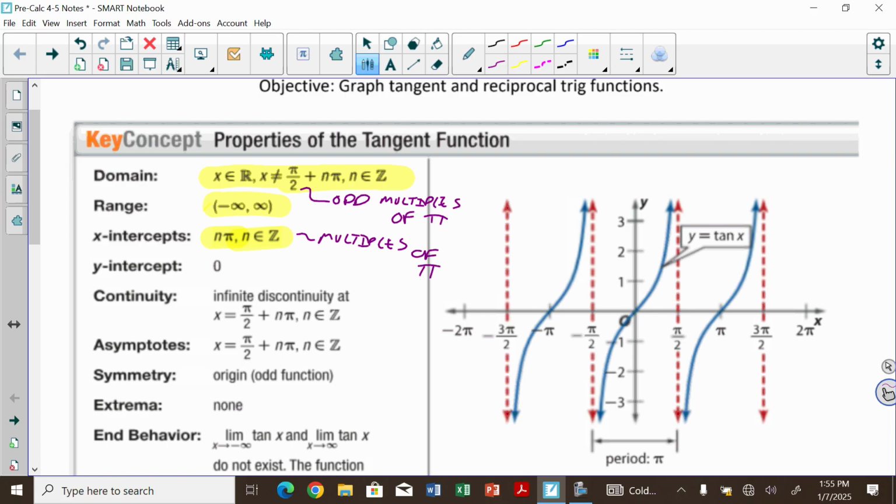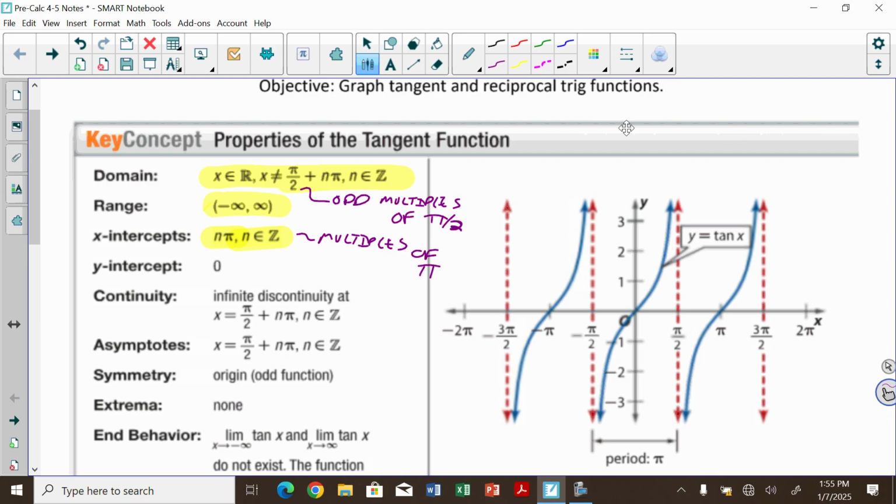Up here, for the domain, it would be odd multiples of pi over 2. Make sure you make that change. That would be pi over 2, 3 times pi over 2, 5 times pi over 2, and so on and so forth. This is the parent function tangent.